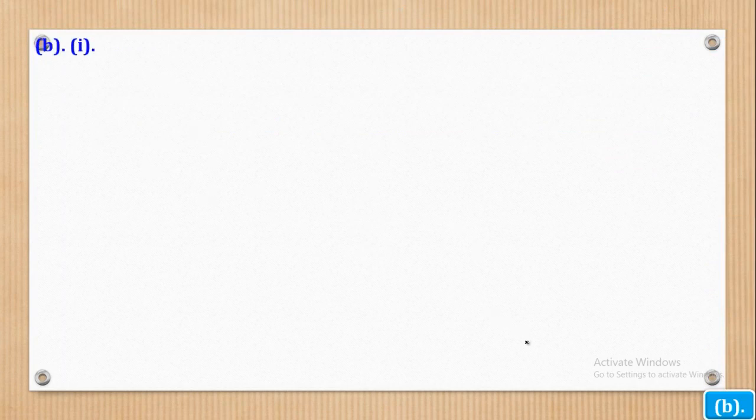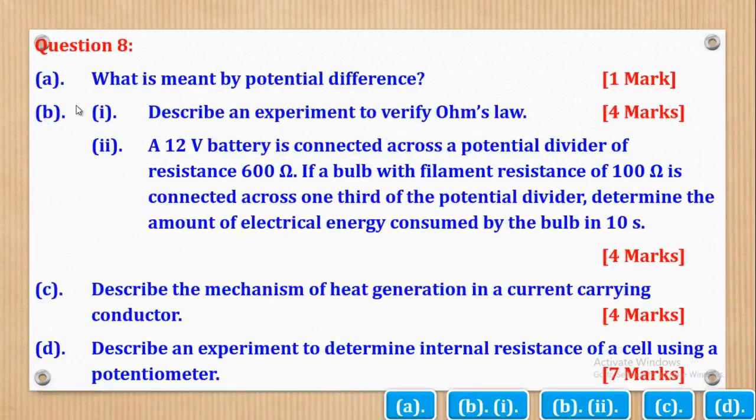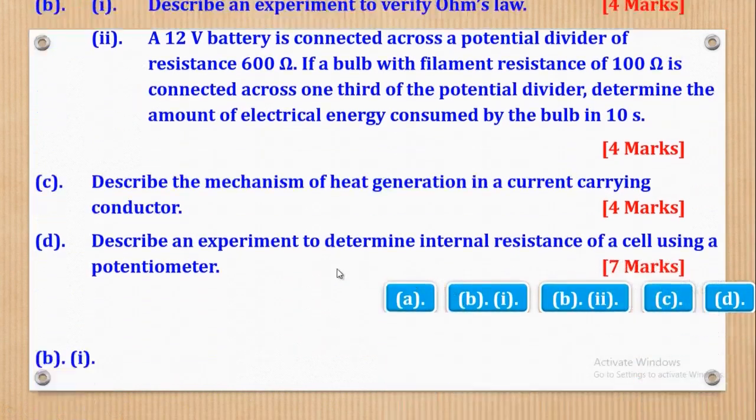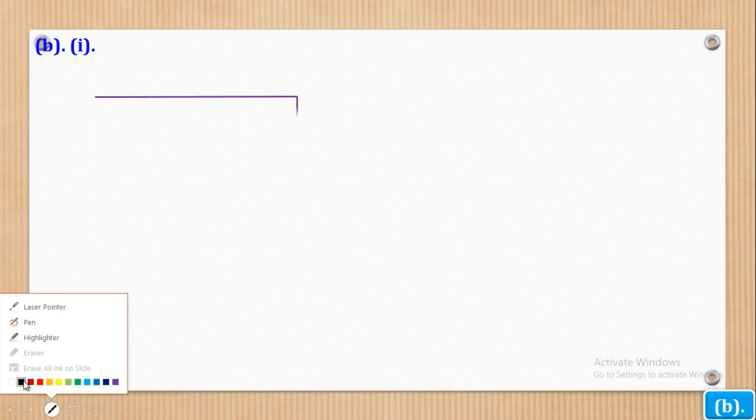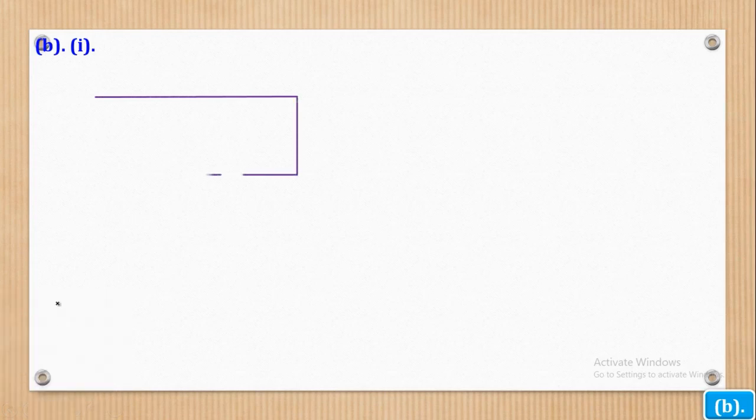So now we shall go to part B, Roman 1. B Roman 1 says describe an experiment to verify Ohm's law. So we shall need the circuit diagram. Let's first draw a circuit diagram.